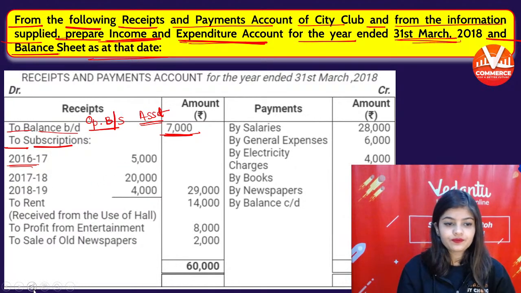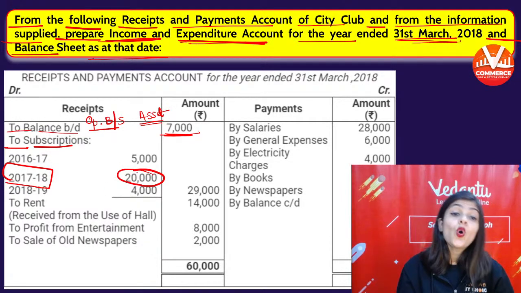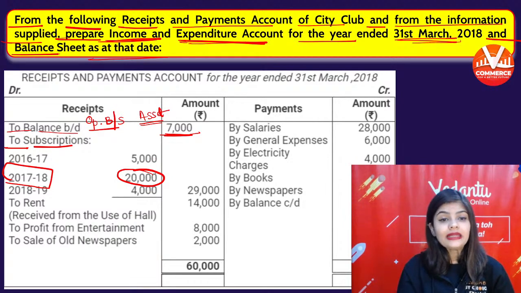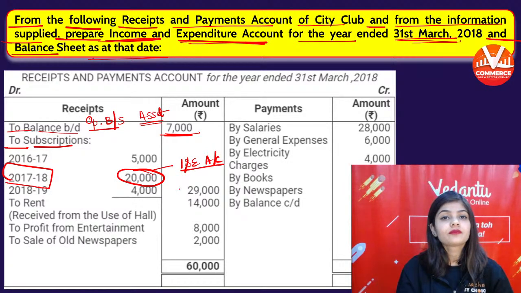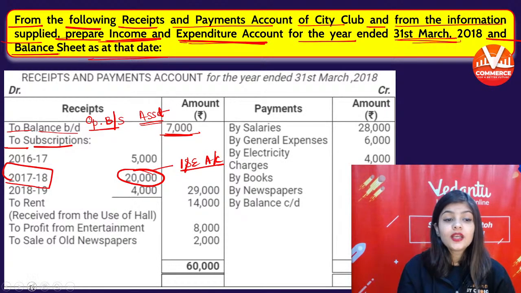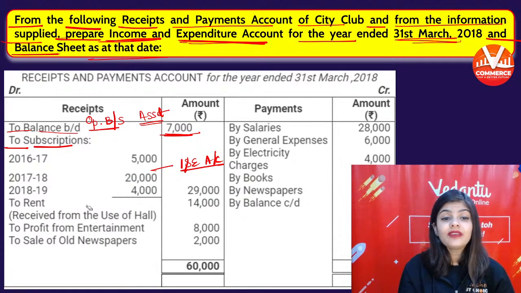Now, in the subscription, we will only record the current year subscription in the income and expenditure account. And you are also receiving subscription for 2018-19.